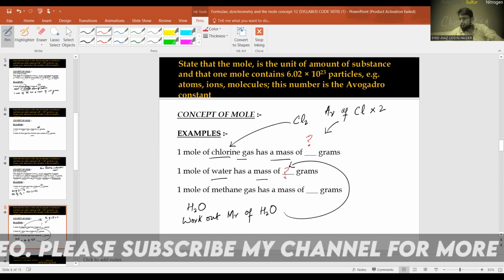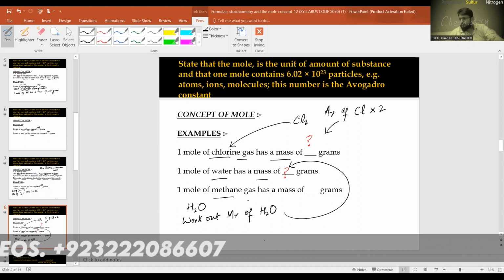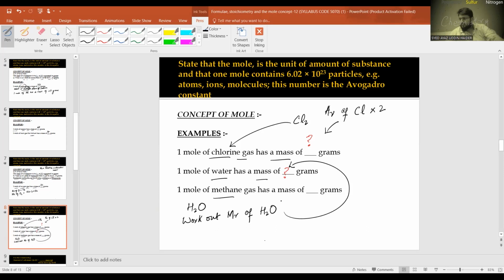For your convenience, I am only doing the last one, which is about methane. 1 mole of methane gas has a mass of dash grams. The formula of methane is CH4. Let's work out the MR of CH4. We have one atom of C, so you'll multiply AR of C by 1.